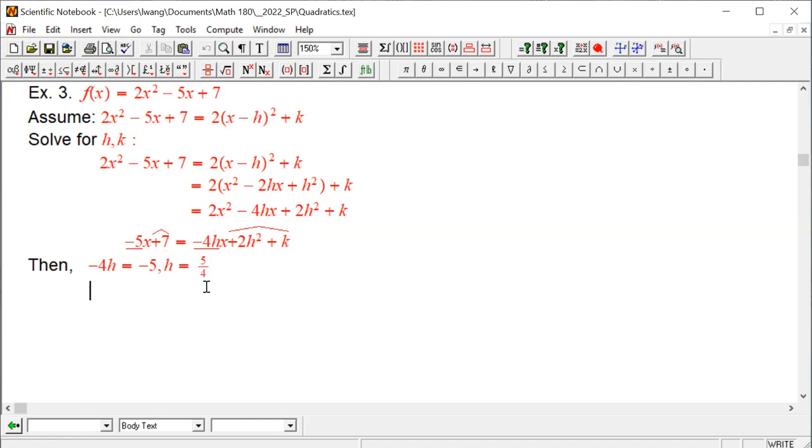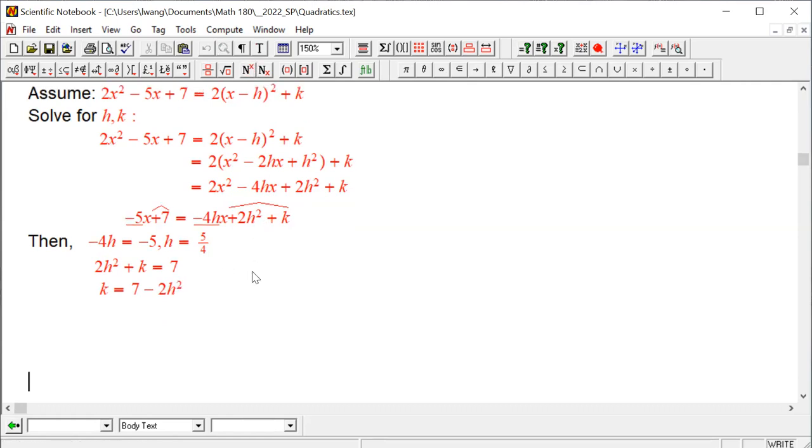And next, 2h squared plus k is going to equal 7. We know h already, so we just have to do some operation, or we can just go ahead and write down k. So k equals 7 minus 2h squared.